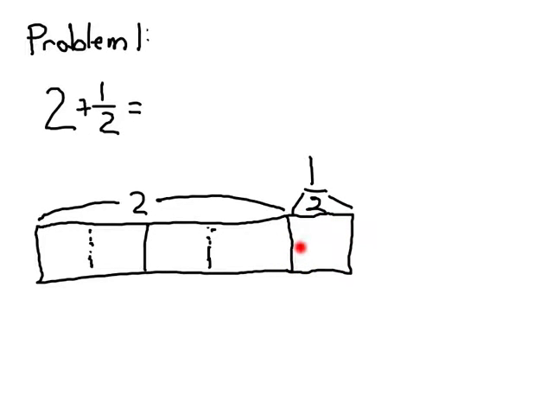So we can count it a couple different ways. We can go 1, 2, 3, 4, 5 halves. Or we can just look at this and say, this is 2, and we added a half. So our answer would be 2 and 1 half.